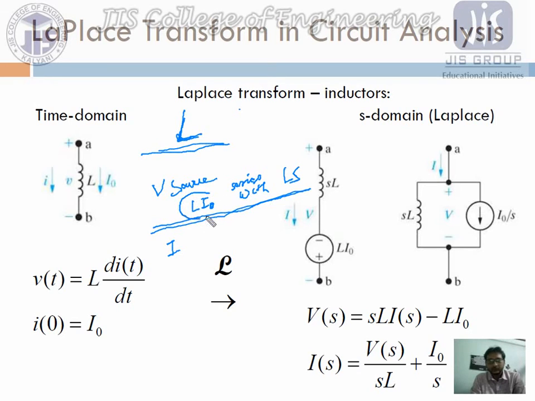The voltage source value is obviously Li0. If we consider a current source, then obviously the value of the current source will be I0 divided by S, in parallel with Ls. So take a note. This one is very, very important.